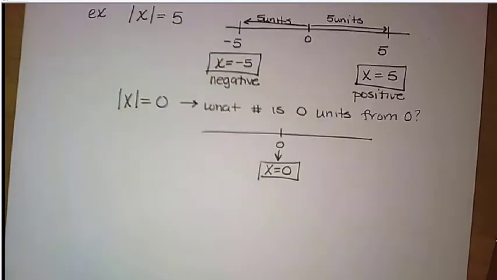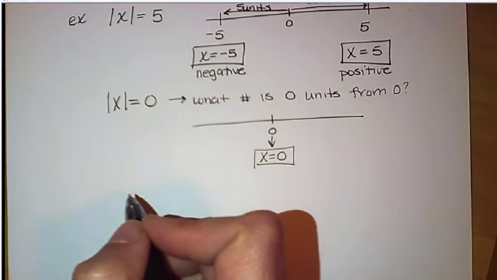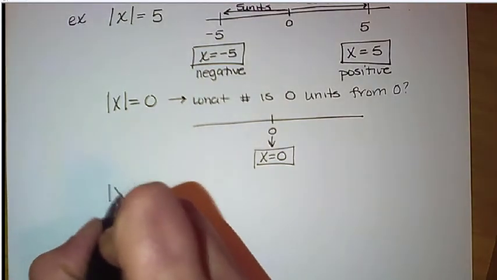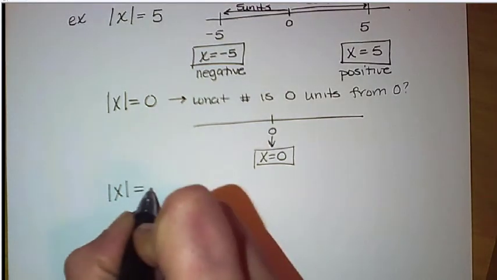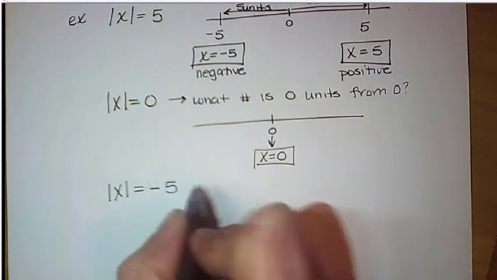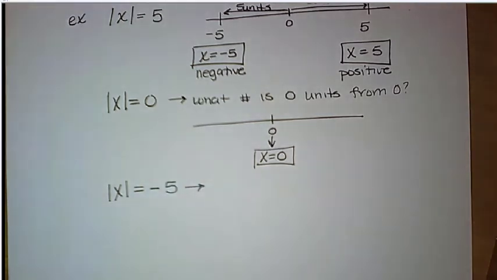And another example I want to talk about, again before we look at some problems from Hawks, would be the absolute value of x is equal to negative 5. Now, remember what I told you earlier. We've said it a couple times, but absolute value makes everybody positive, or the distance from 0 is always in terms of a positive.